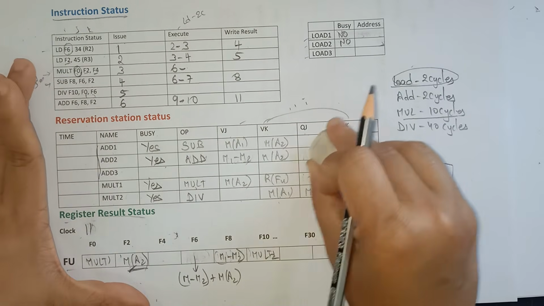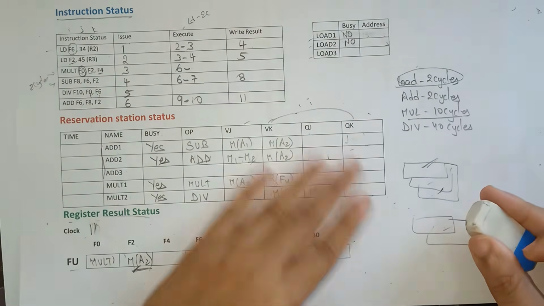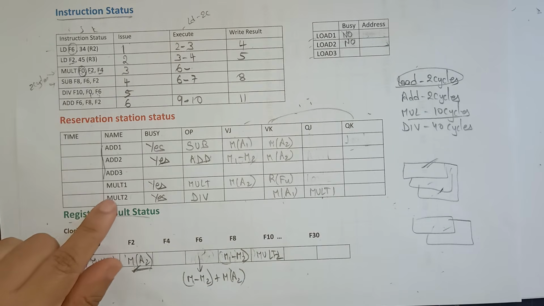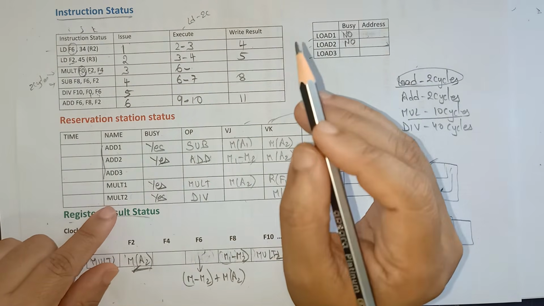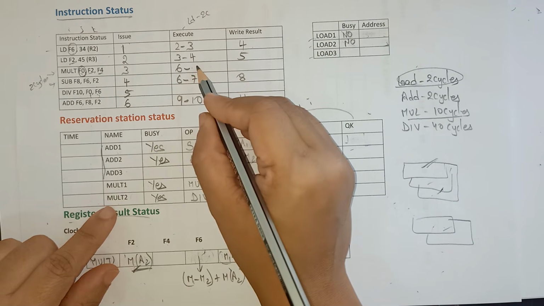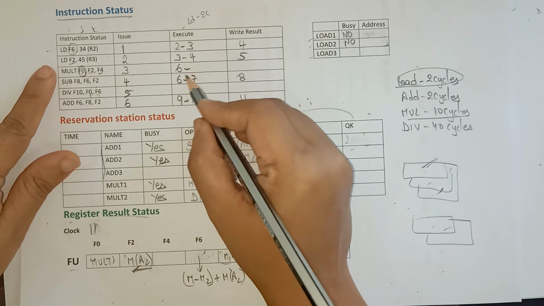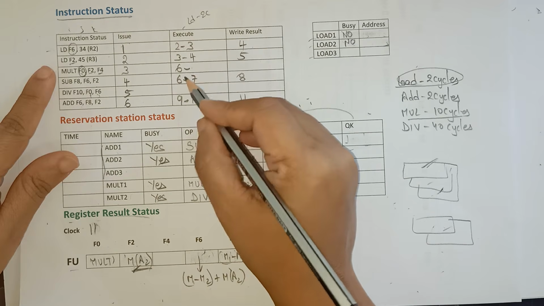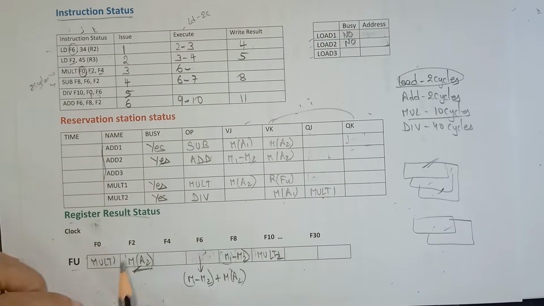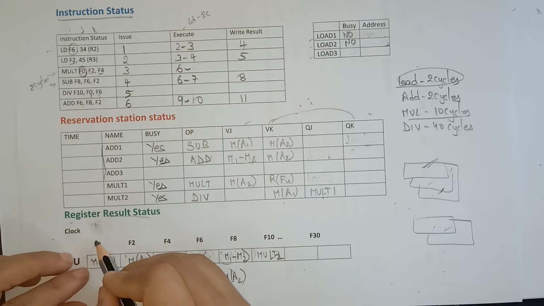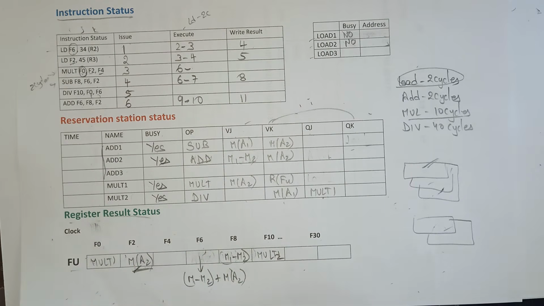Okay. So now adder 1 has completed its work, and the multipliers still have to wait, because until 10 clock cycles are completed, the multiplier is in the execution state only. In the 12th clock cycle it is the same, 13th the same, 14th the same.